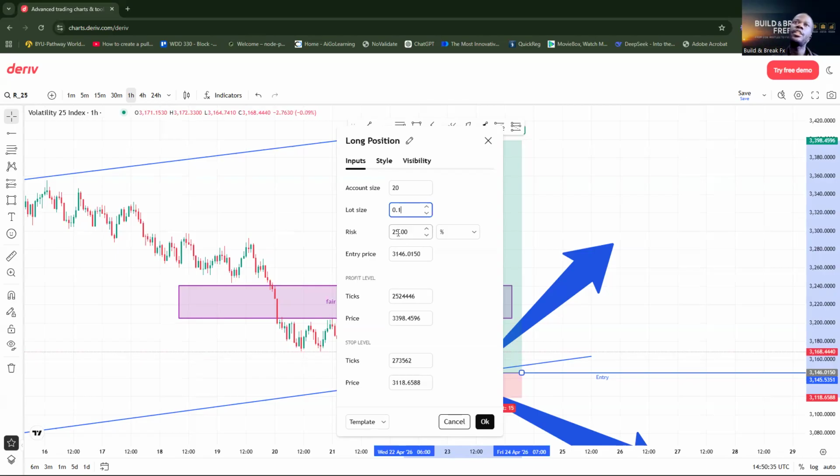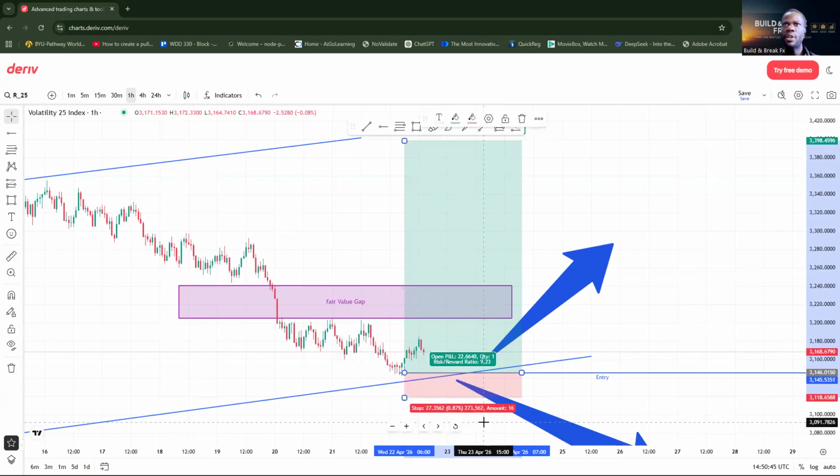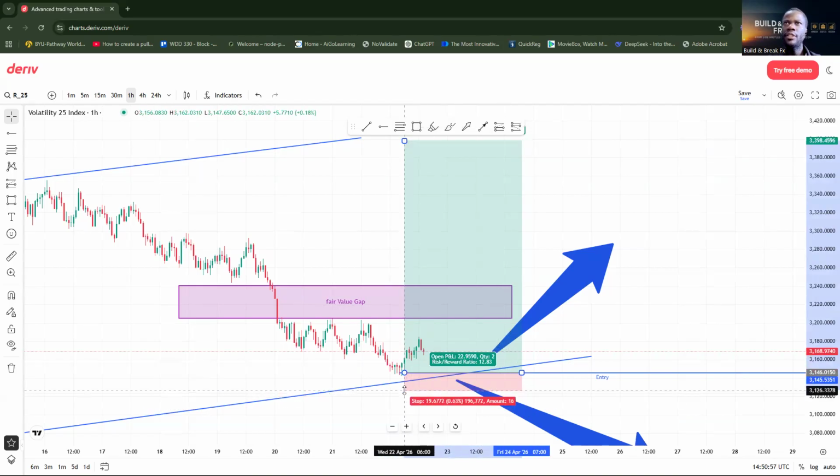Mostly we are told to risk 20% of our account, right? After I finish all this, you come and click OK. Now it shows how much you are risking. You are risking $16. Now you can drag it coming back and right like this.